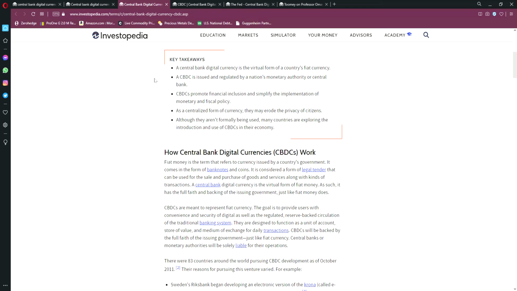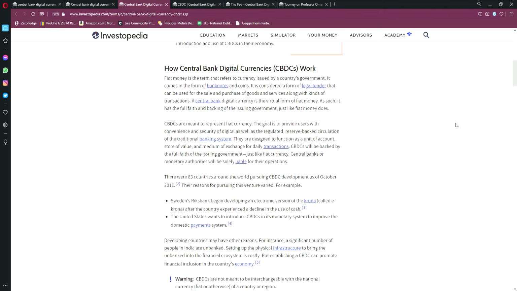As a centralized form of currency, they may erode the privacy of citizens. Although they aren't formally being used, many countries are exploring the introduction and use of CBDCs in their economy, which means they are interested in eroding the privacy of their citizens. Let's just be honest. Okay, so I didn't want to read this entire thing, but when I read over it, I realized I had to.